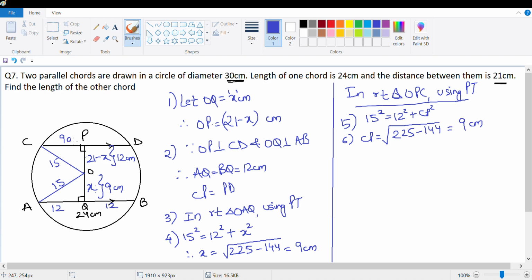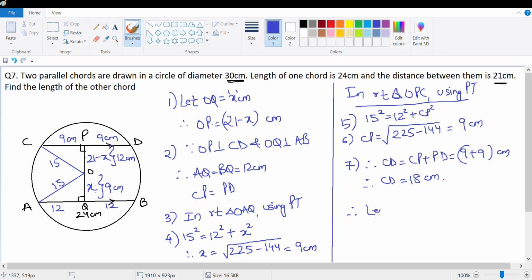So CP is equal to 9 centimeter, PD is equal to 9 centimeter, which means CD is equal to CP plus PD, which is 9 plus 9 centimeter. Therefore CD is equal to 18 centimeter.